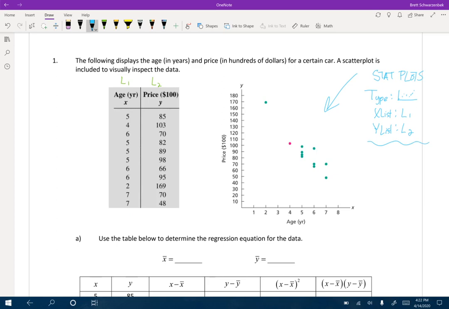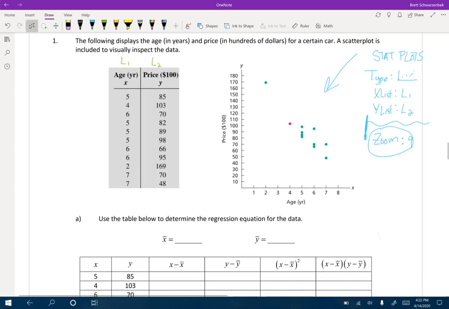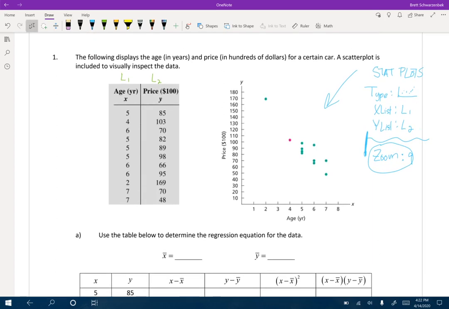The key is that you want to go to the zoom menu, which is the top middle button on your calculator, and then just click 9. Sometimes, as I've stated in class, you do have to quit in this step in order to get zoom 9 to work. It just depends on the software on your calculator, but that will result in the scatter plot you have right here on your calculator.